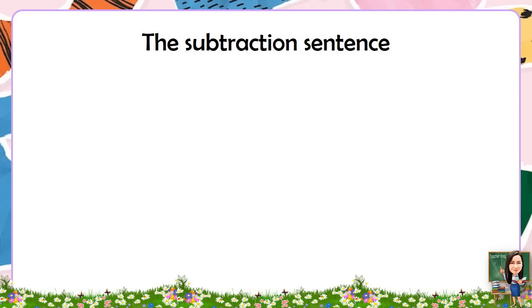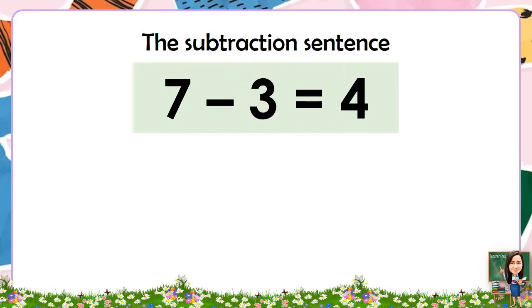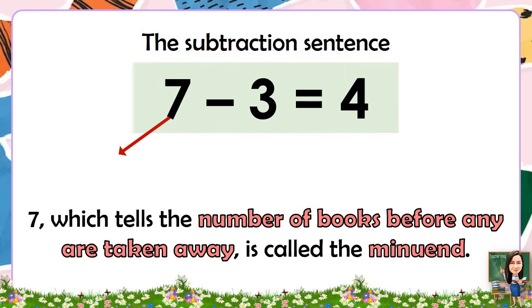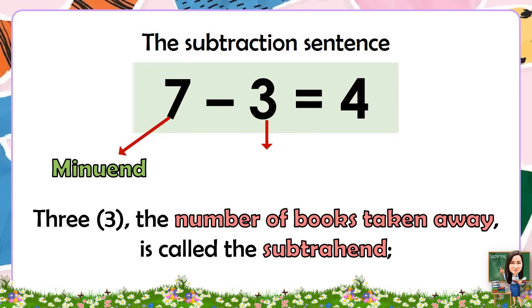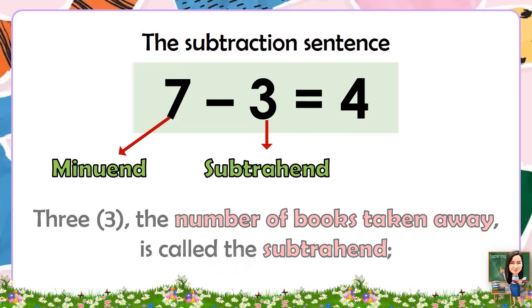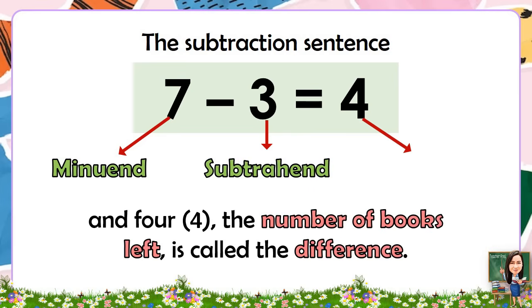In the subtraction sentence 7 minus 3 equals 4, 7, which tells the number of books before any are taken away, is called the minuend. 3, the number of books taken away, is called the subtrahend. And 4, the number of books left, is called the difference.